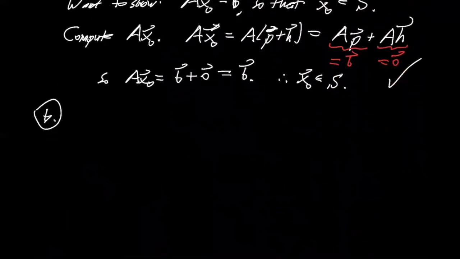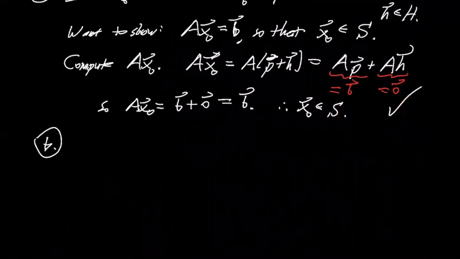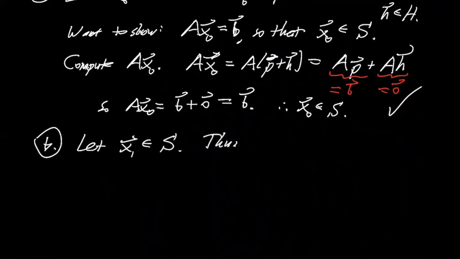So now we want to go the other way. Let's pick another vector. Let's just say x1 is in S. By definition, that means Ax1 equals b, right? And we want to somehow show that x1 is in T.